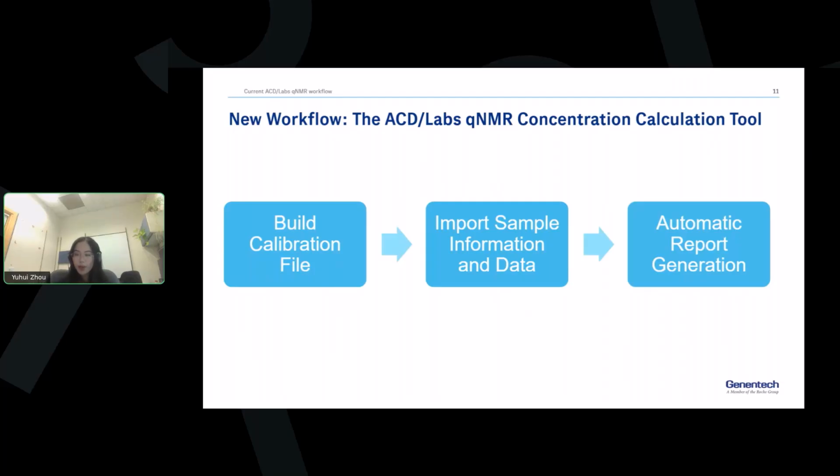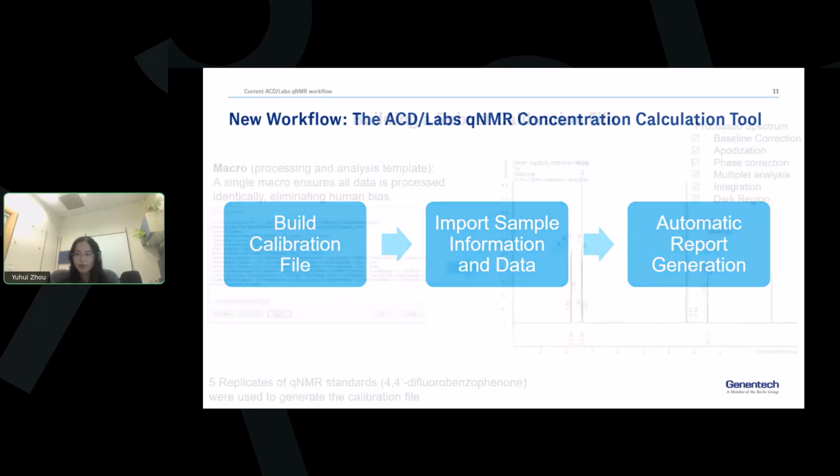First, we built a robust calibration file using multiple replicates of external standard to ensure accuracy. Second, we directly import all sample information and spectral data, which eliminates the risk of manual copy and paste error. And finally, the tool provides automatic report generation, saving significant time and standardizing our outputs.